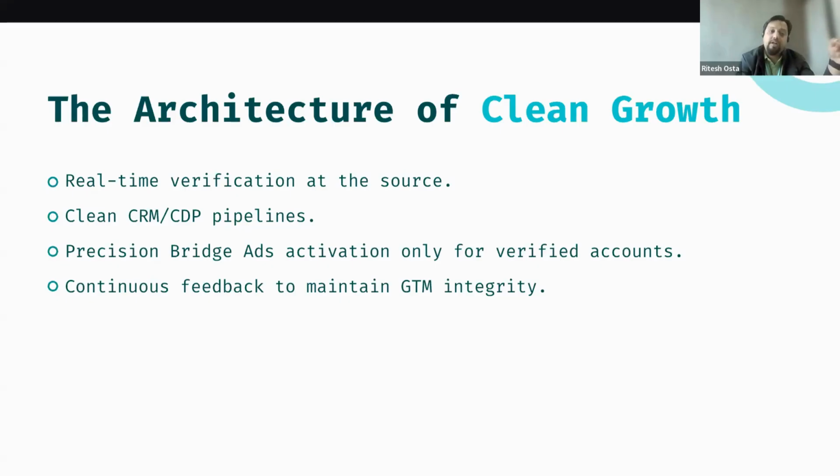And then will in turn help you with better bridge ads, retargeting ads, remarketing ads, customer match ads for verified accounts, right? And then the architecture is that you get continuous feedback, and AI can play a very important role in terms of identifying the pattern signals. Some of the signals are from where the bots are coming.